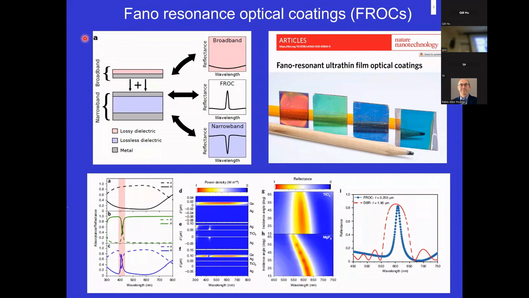With only 0.2 micron, we can achieve this narrowband reflection. If you use a Bragg reflector, what's the comparison? With 1.9 micron, 10 times thicker, you will be able to get narrowband reflection, but much broader band. If you want to narrow that, you have to go to 10 microns. Huge difference, even just for the narrowband reflection.